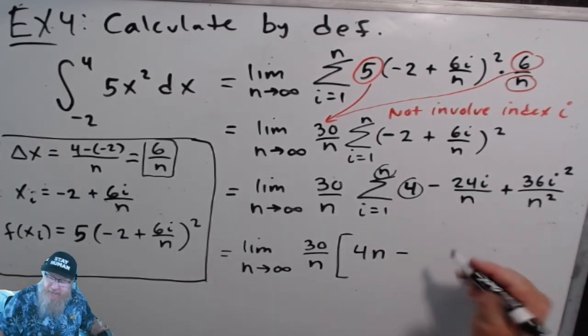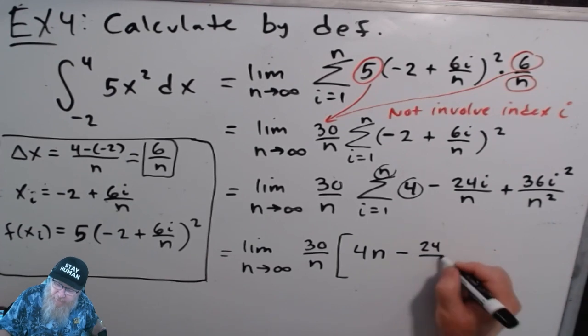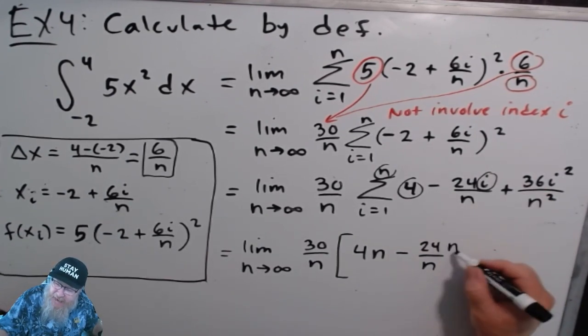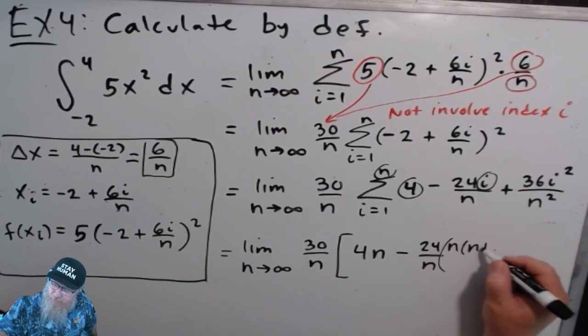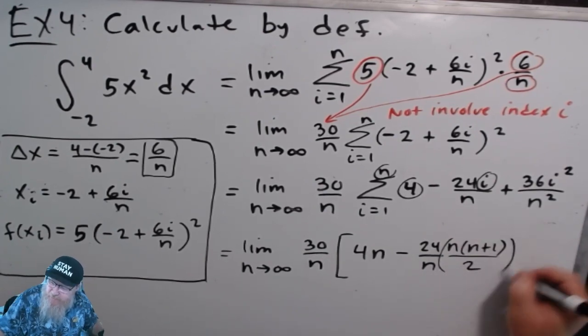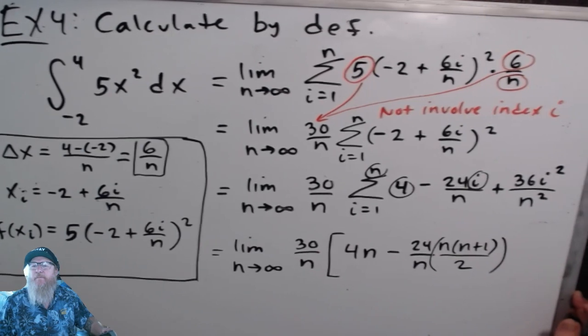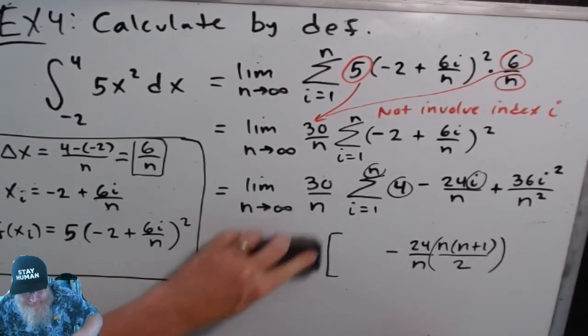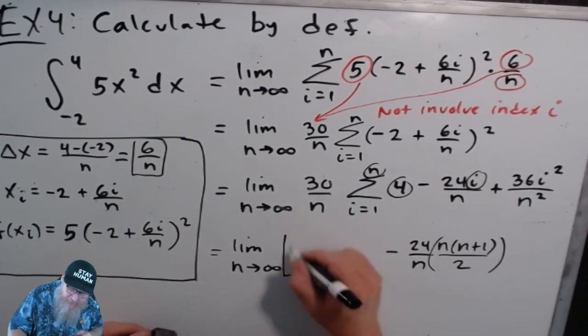Okay, the next one, 24 over n times the summation of i, which is n plus 1 over 2. I'm going to have to squeeze this a little closer together here. We're running out of space.